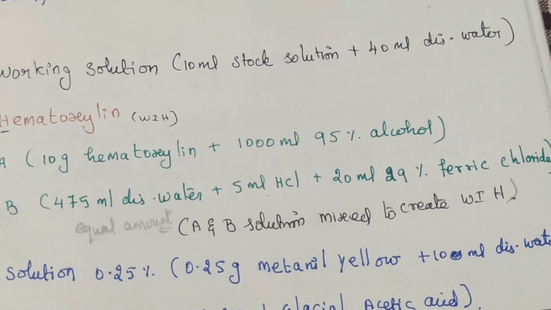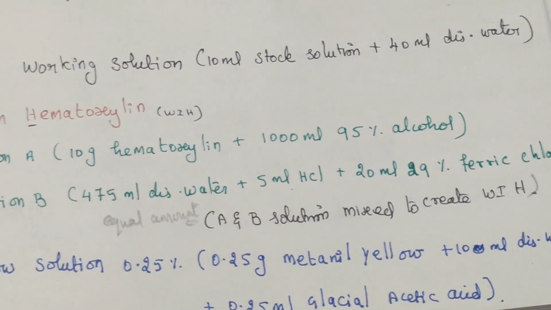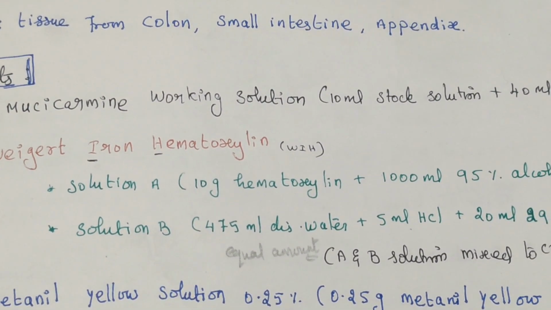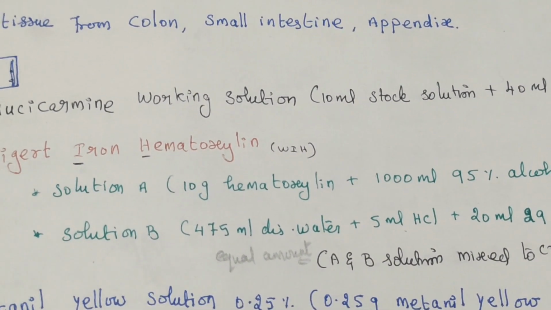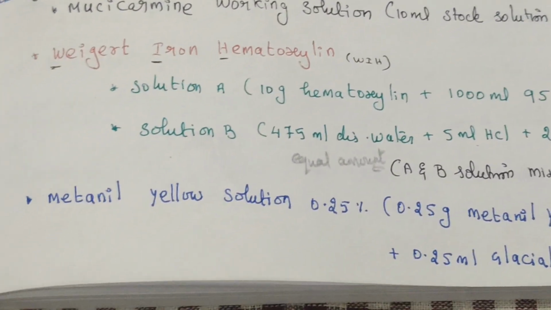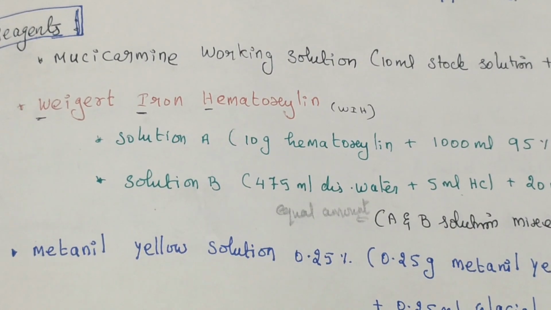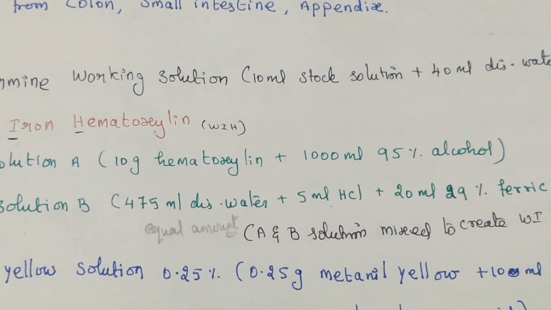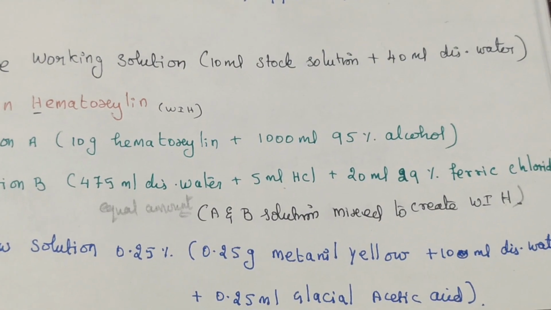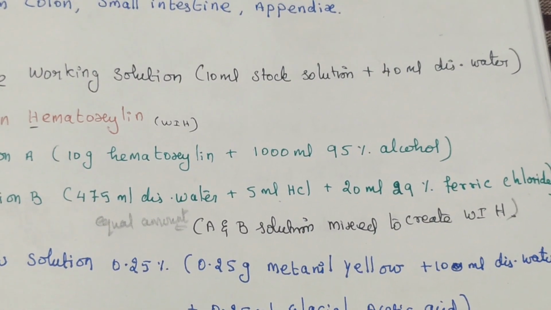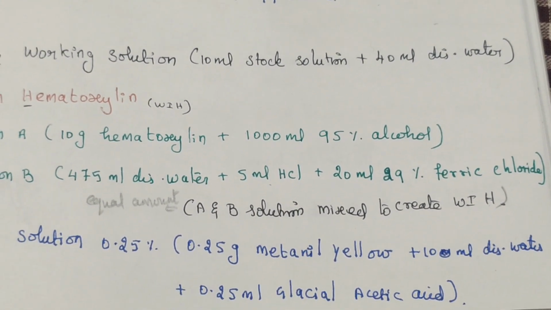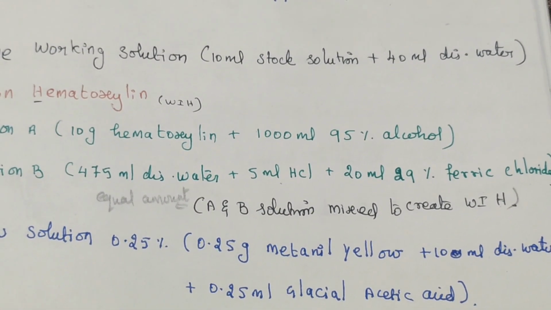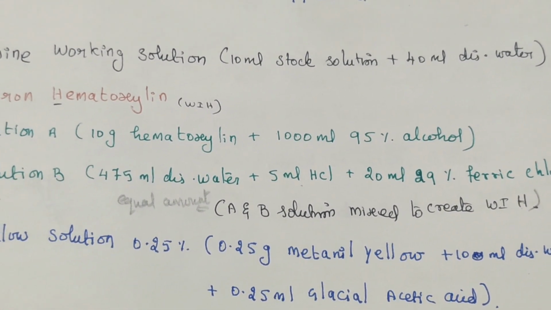The A and B solutions are mixed in equal amounts to create Weigert's iron hematoxylin. Then metanil yellow solution 0.25%: 0.25 gram of metanil yellow, 100 ml of distilled water, and 0.25 ml of glacial acetic acid.